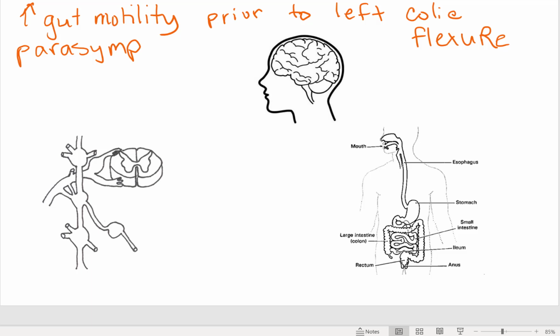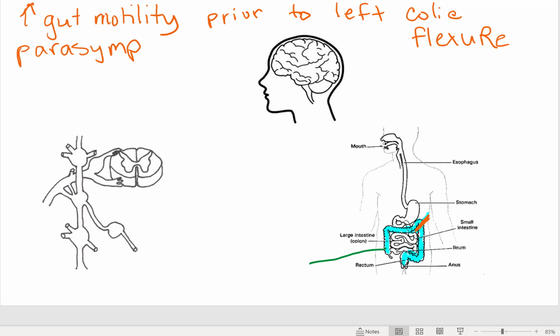The left colic flexure is referring to the large intestine, which I'm coloring here in blue, and the left colic flexure, flexure means bend, is over here where we see this turn of the large intestine turning close to the stomach. So I'm going to mark here.